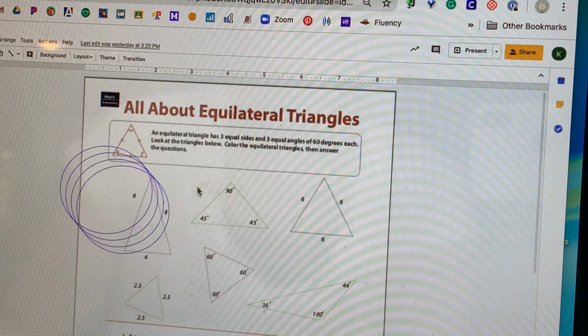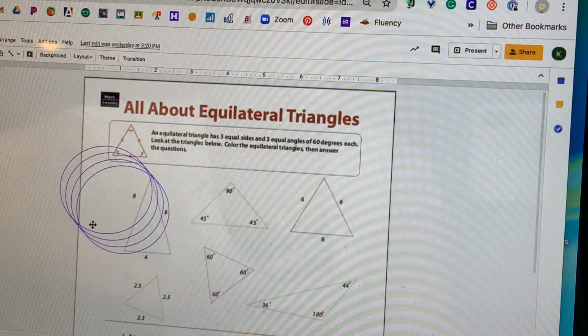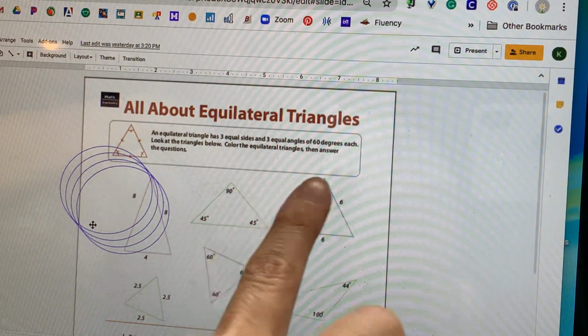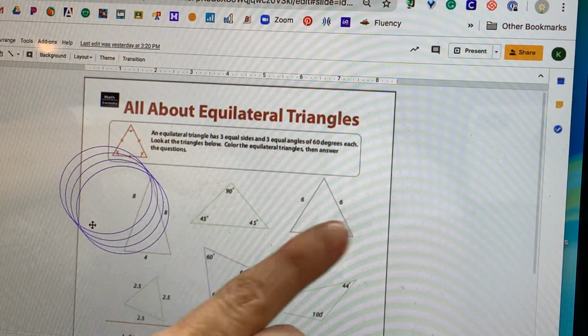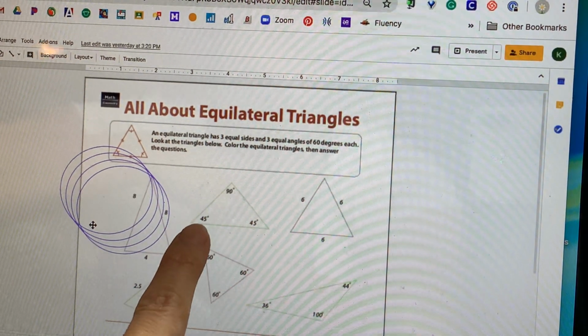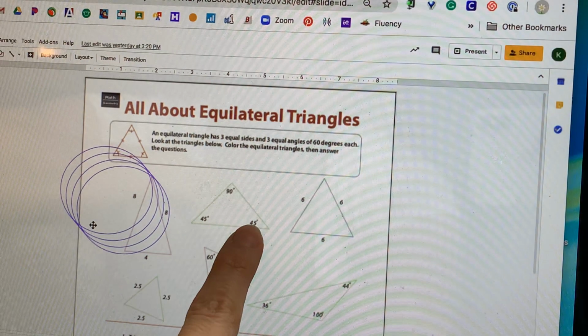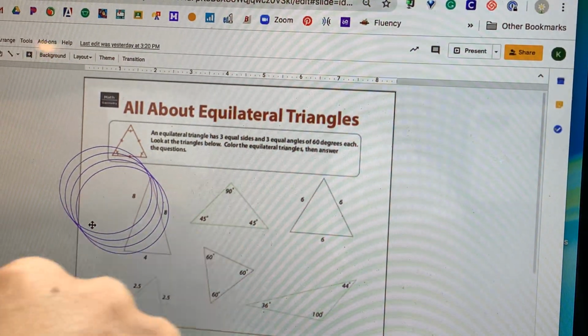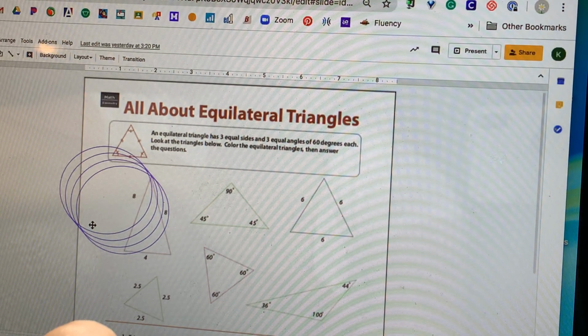All right, so this first one is all about equilateral triangles. So the same activity kind of that we did on Tuesday, you're gonna do today. Now, this one's kind of tricky, so I'm gonna explain it to you. If we have angles written on the inside, if all of the angles are the same, so are the sides, okay?